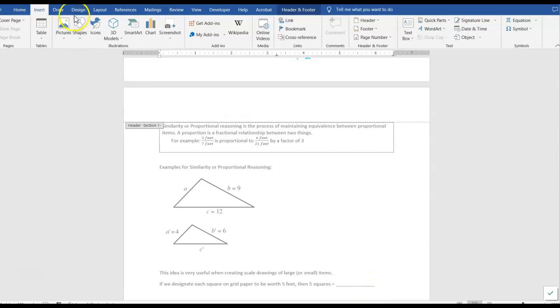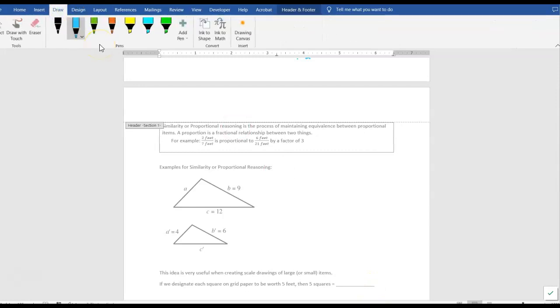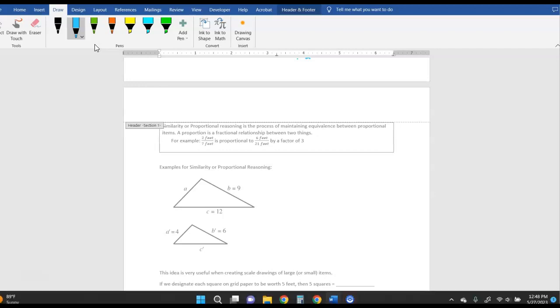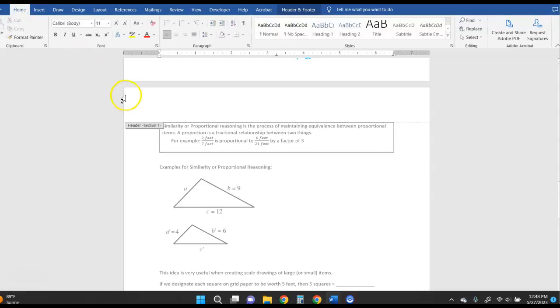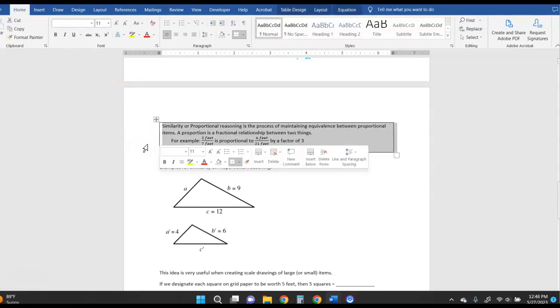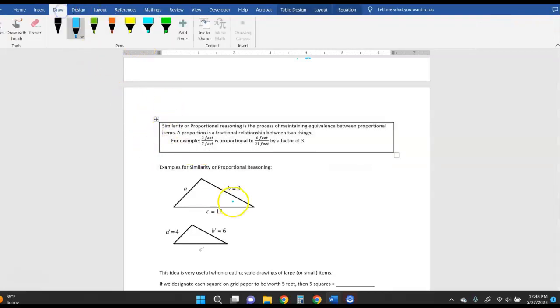And so if we look at these triangles, we see that 9 and B, and B prime is what they call that. So we're going from big to small, so that means that we're going to divide by 9 over 6, or 1.5.